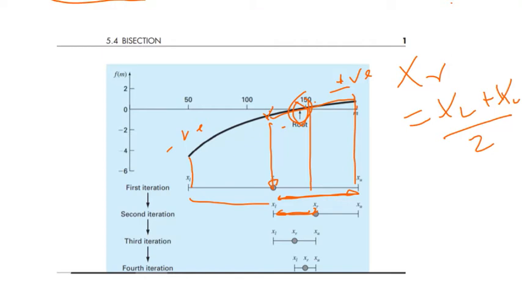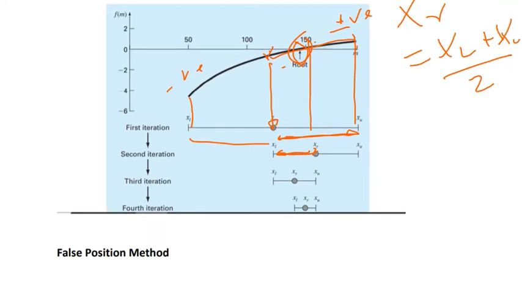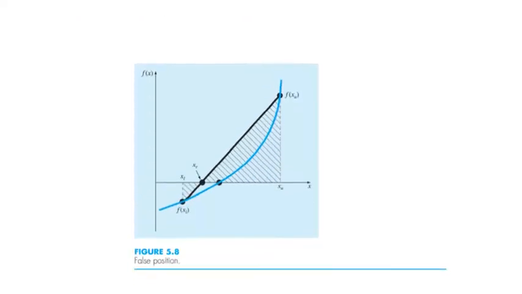So this is the bisection method, and then we have the false position method. It is a little bit more advanced, or a little bit faster, in the sense that you start with x lower and x upper and connect these two points. We have x lower, and the value of the function at x lower.